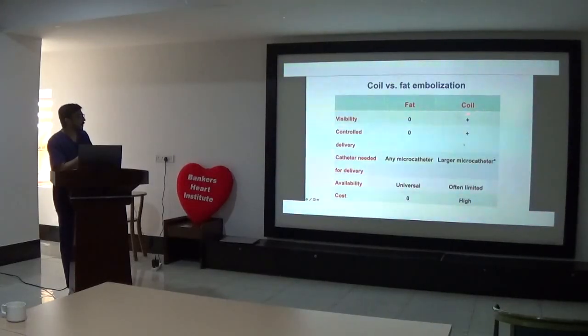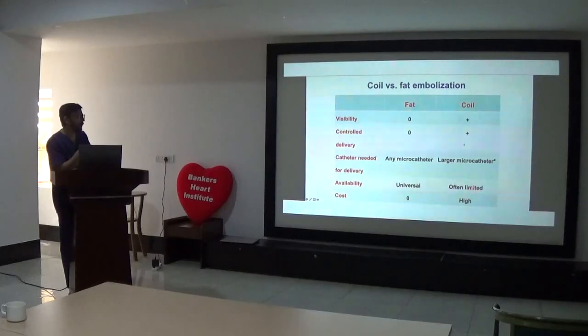These are the fat and coil differentiation, comparison. Visibility: fat on fluoro, we cannot control. Coil is a metallic particle, we can see it easily on fluoro. So delivery of coils is easy as compared to fat. Catheter: any type of microcatheter we can use for fat embolization, and for coil it is a different size; we have to use a larger microcatheter.